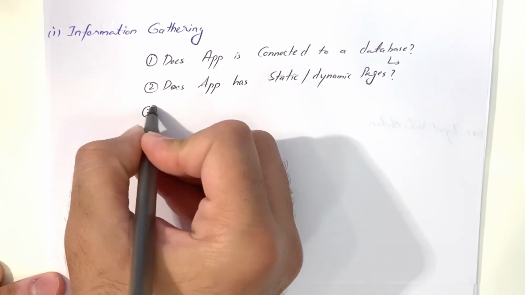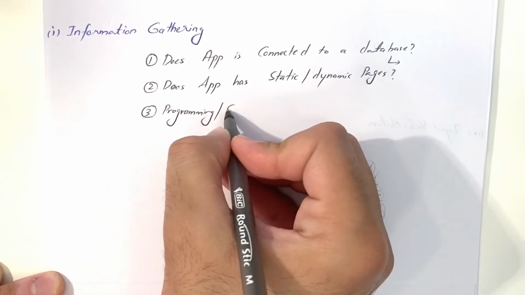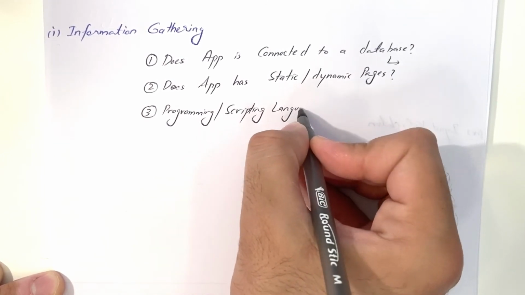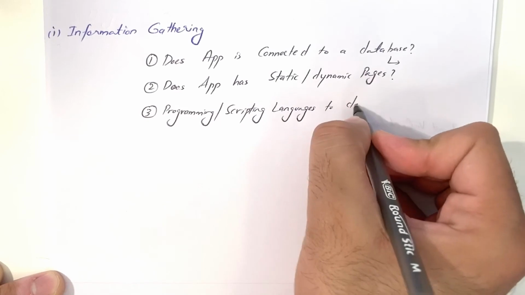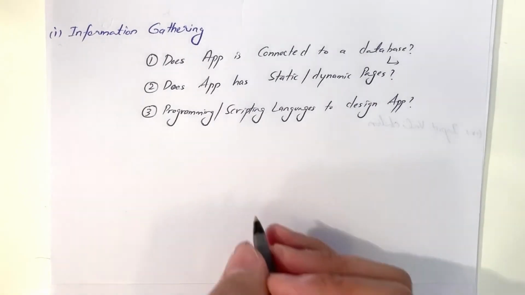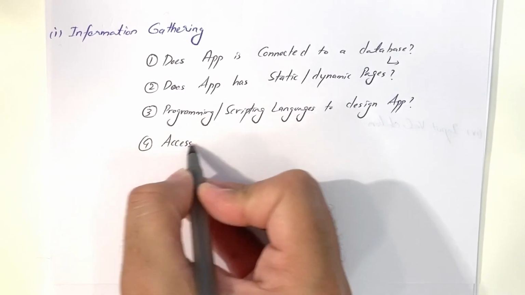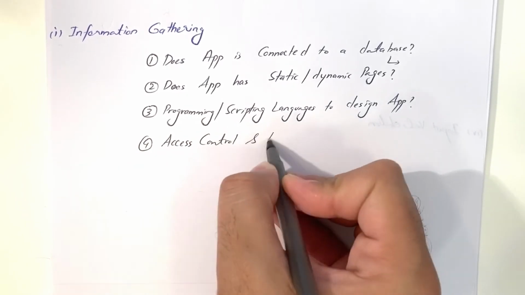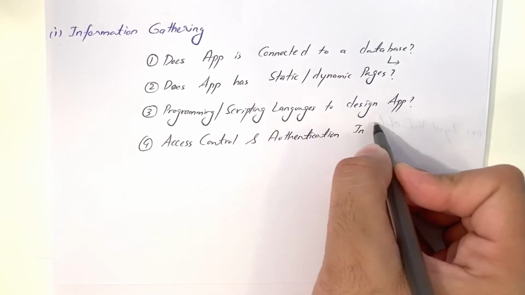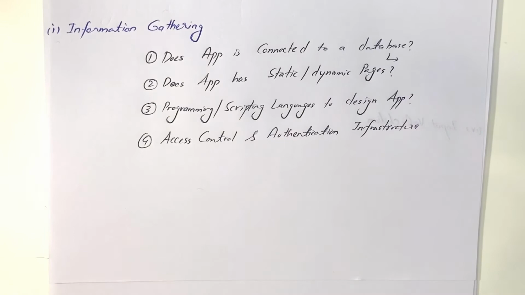Number three is the programming, or you can say scripting, languages used to design the app. So which languages are used to design that particular application? Then access control and authentication infrastructure, like which access control method has been implemented and which authentication factors they are using.